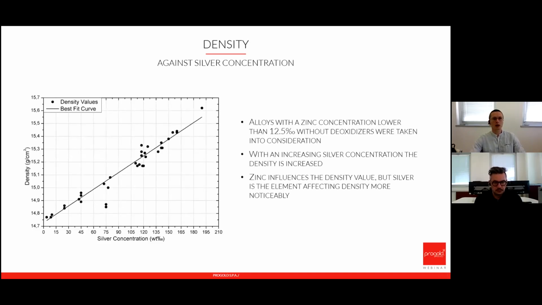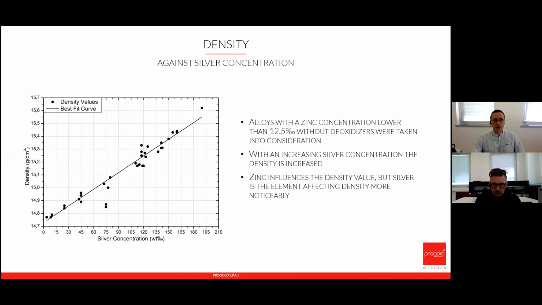Okay, let's talk about the density. So we can see that as the silver concentration increases, the density will increase. And in this case, it was an expected result. This could make the difference, for example, if a customer buys the alloys by selling it by pieces or through a weight mode.